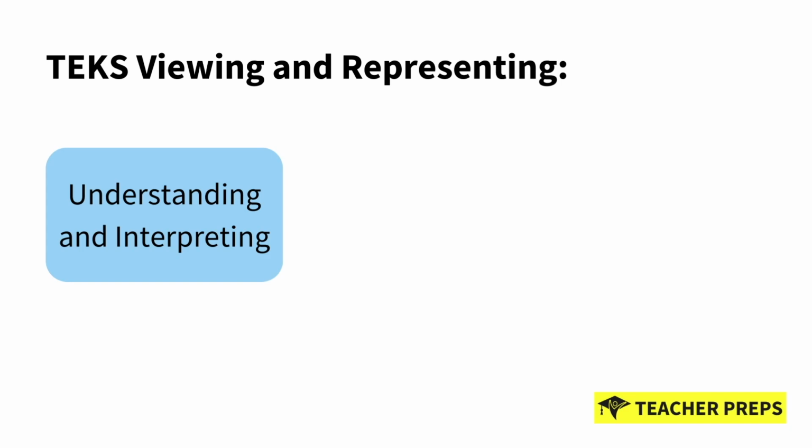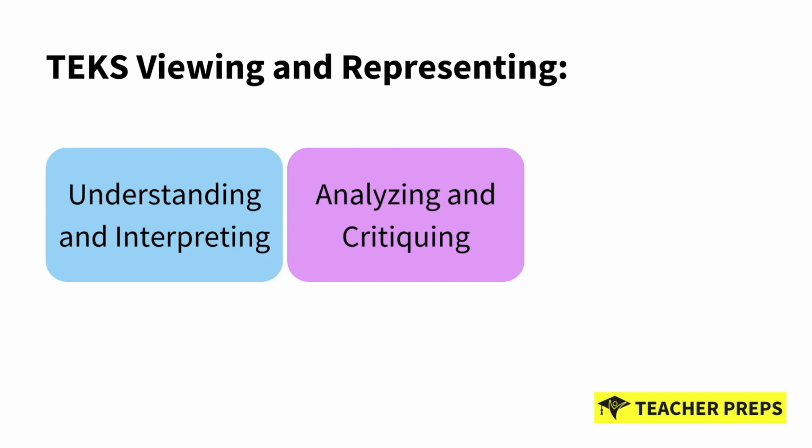And they are understanding and interpreting, which revolves around the student's capability to grasp and interpret visual images, messages, and their embedded meanings. Analyzing and critiquing, in accordance with the viewing and representing text guidelines, students should critically analyze and assess the significance of visual images and the messages they convey.